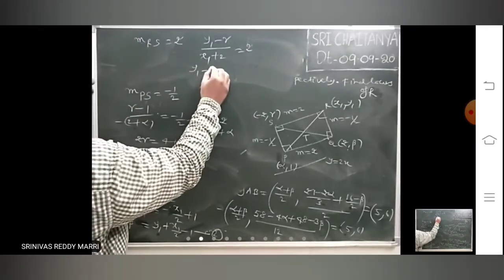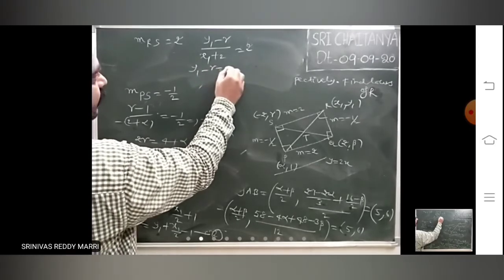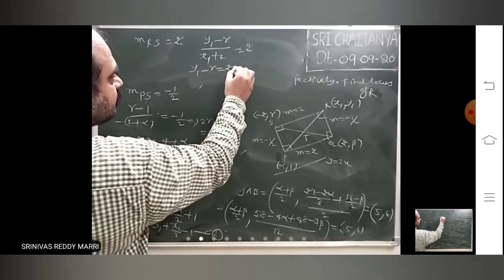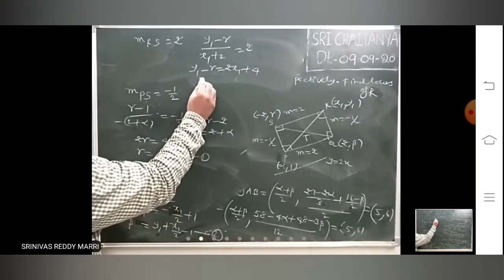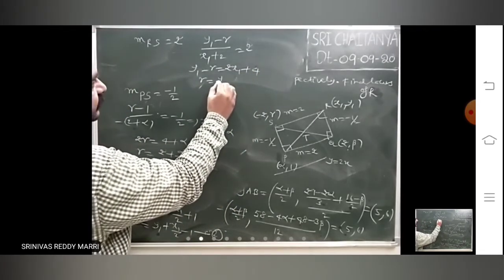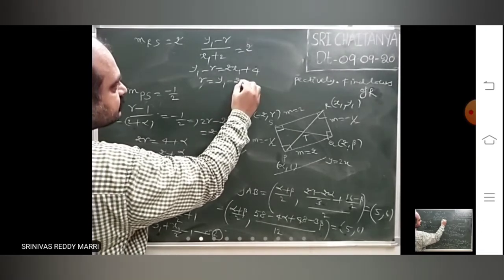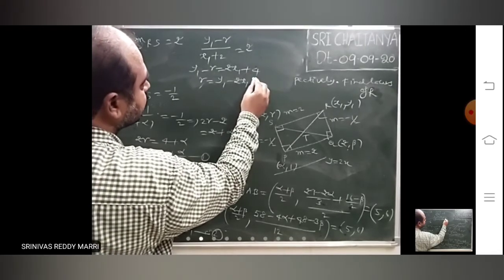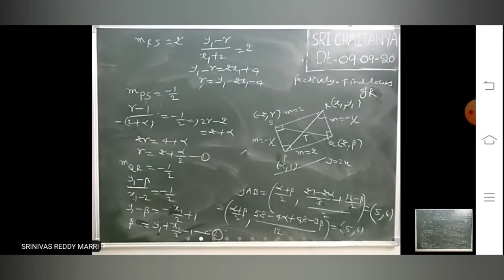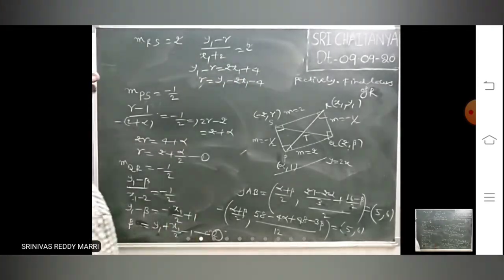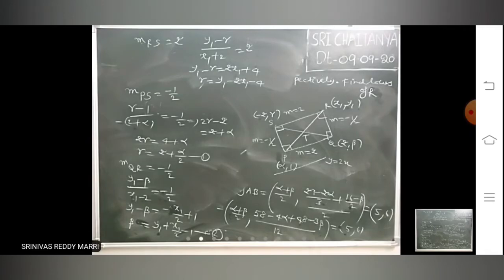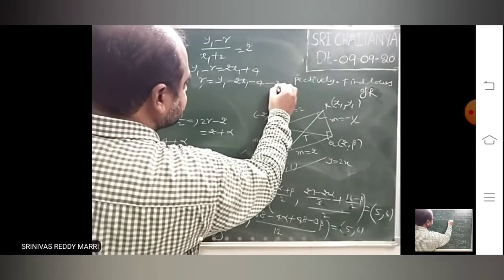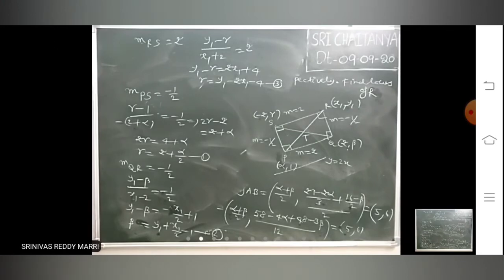That means you will get y1 minus gamma equals to 2x1 plus 4. Gamma is nothing but y1 minus 2x1 minus 4. Let us take this as the third equation.